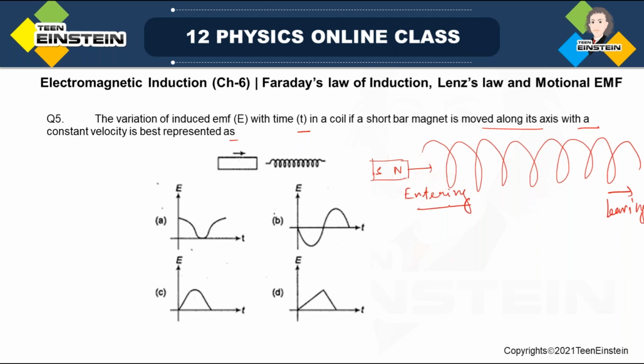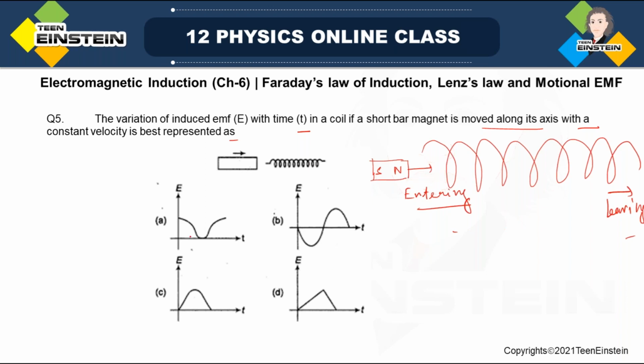So the direction of the EMF will be different when it is leaving the coil than when it was entering. That means in the induced EMF there will obviously be a polarity change with respect to time. So look, if I say it was earlier 0, then negative, then it goes to 0 again, and then positive. So this can be a situation here because the direction of the induced EMF will be different while entering and leaving.